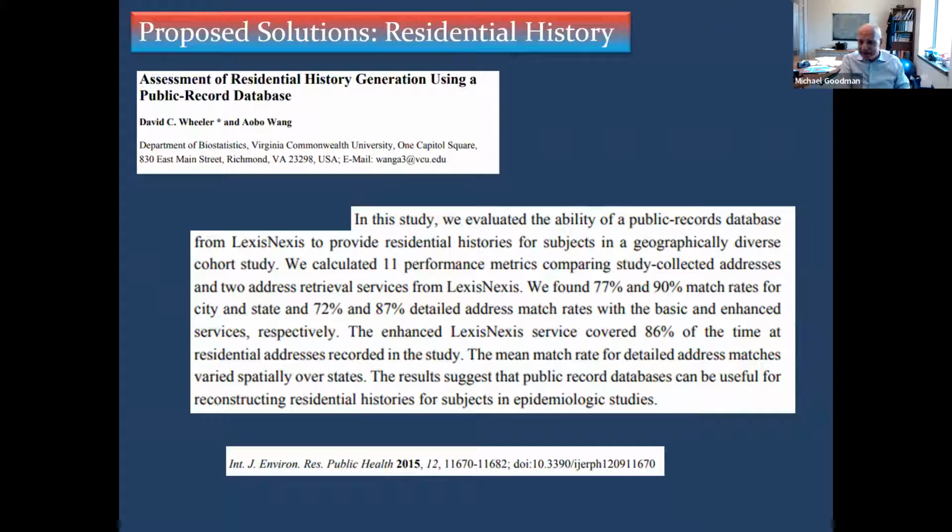But nevertheless, it is a possibility, and so you can see that in addition to looking where people live now, LexisNexis or similar population directories allow you to reconstruct where people lived in the past, and maybe going as far back as a decade or two. This is certainly a tool that is available already, and I suspect it's only getting better as far as the usability.